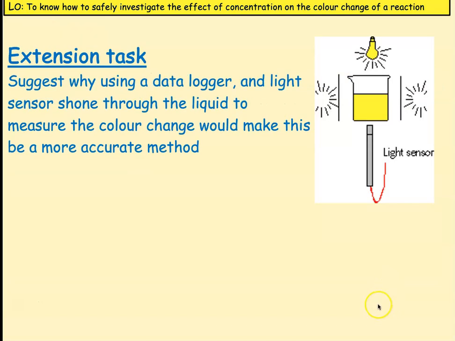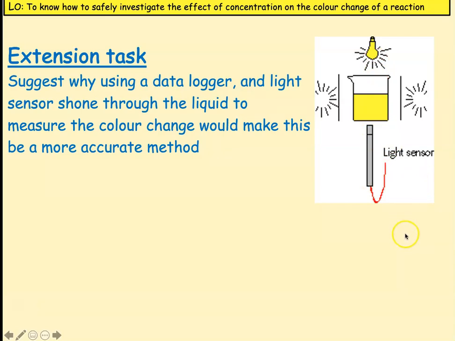Okay, sometimes in an exam, they will also give you an alternative method and ask you to compare. So in this case, we're looking at a light being shone through our cloudy liquid, a light sensor connected to a data logger and a computer. And as the liquid goes more and more cloudy, less light's going to come through and it will be picked up by our light sensor.